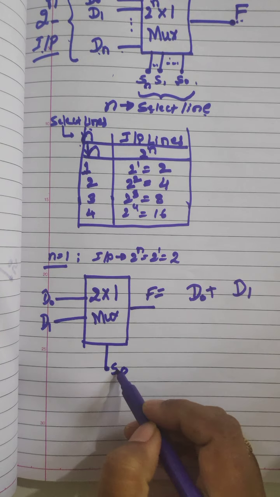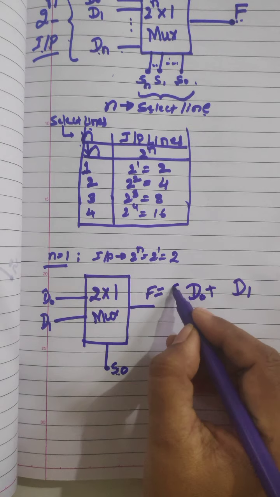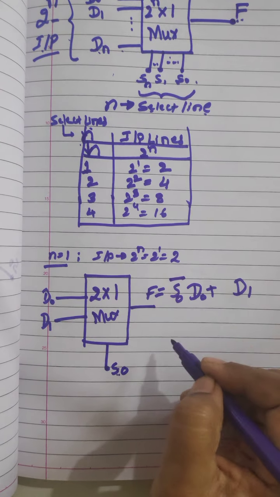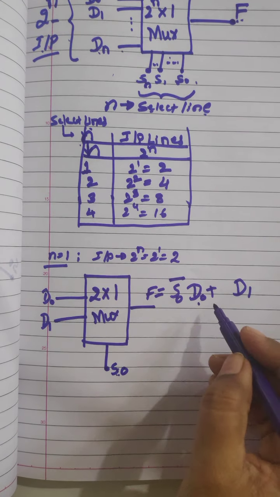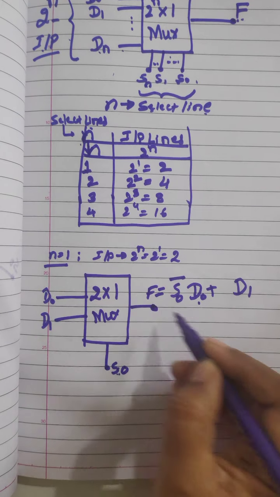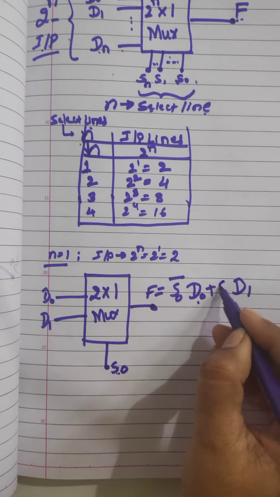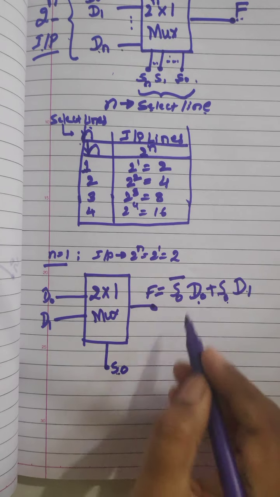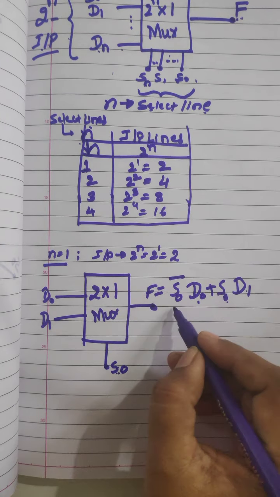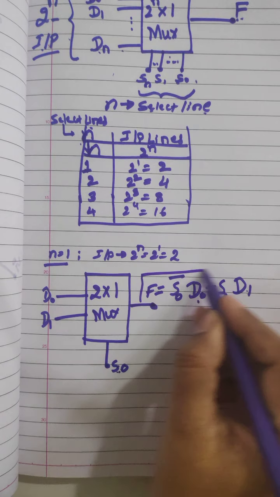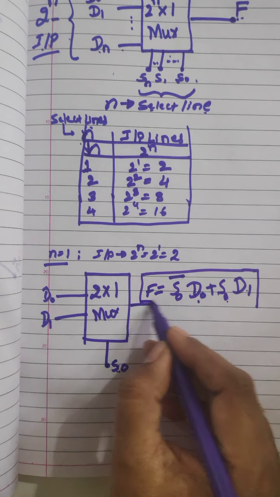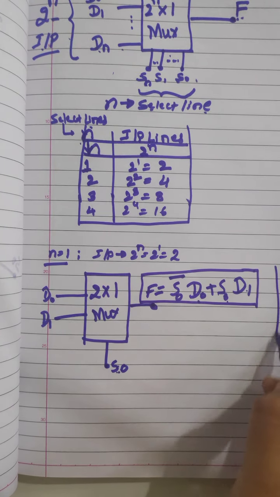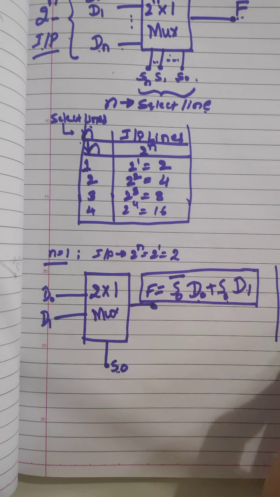If S0 is equal to 0, then D0 will come at the output. If S0 is equal to 1, D1 will appear. So this is the equation of the 2 cross 1 mux, and the same is represented here.